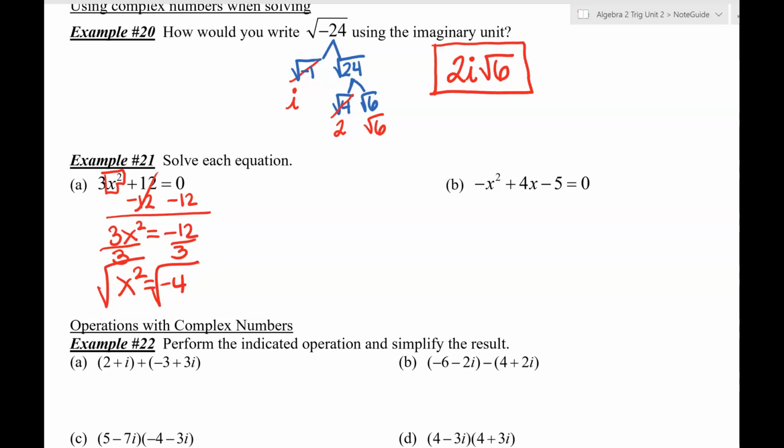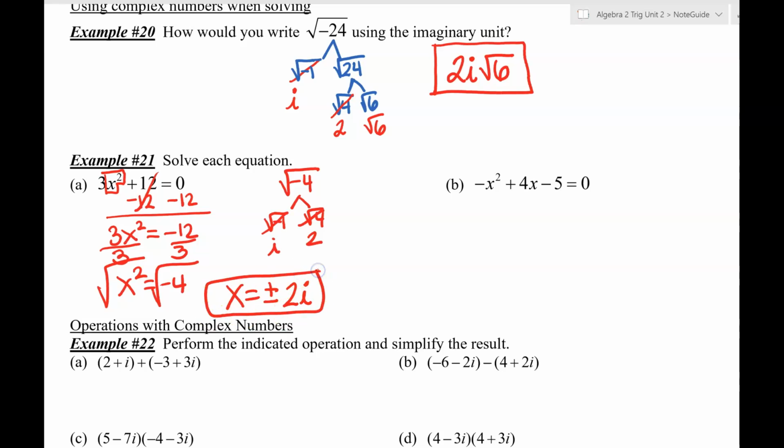So I can see there aren't any real solutions, but what about complex solutions? So square root of negative 4 is like the square root of negative 1 times the square root of 4. This can be replaced with i and this with 2. So my solutions here are plus or minus, just like we would use before, but 2i. And I can't express them as real numbers, but I can in this complex number system.